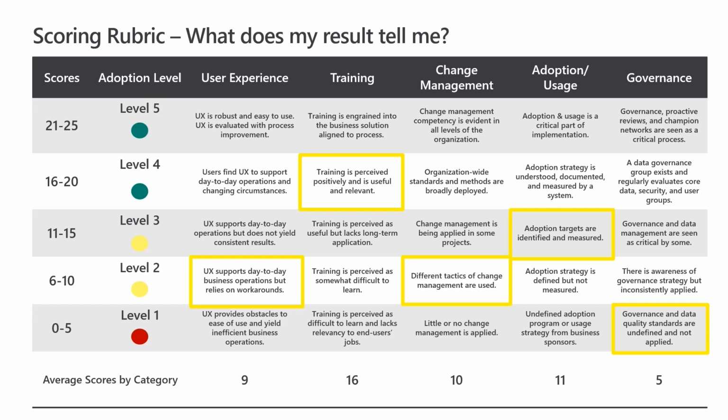And if I read into the details, it shows me a high-level description of what that score indicates. So for the user experience, it says that it supports day-to-day business operation that relies on workarounds. Pretty true. But to improve to a level 3, reading above, it sounds like I must not rely on workarounds and yield consistent results. Okay, so it gives me actionable next steps and a strategy that I should be thinking about.